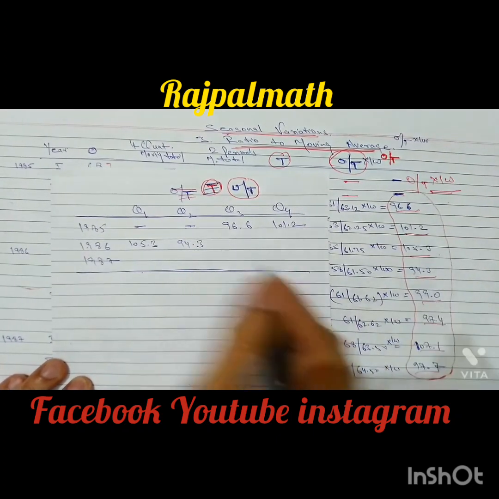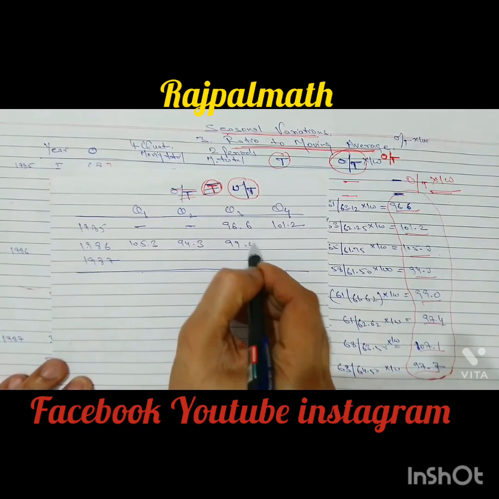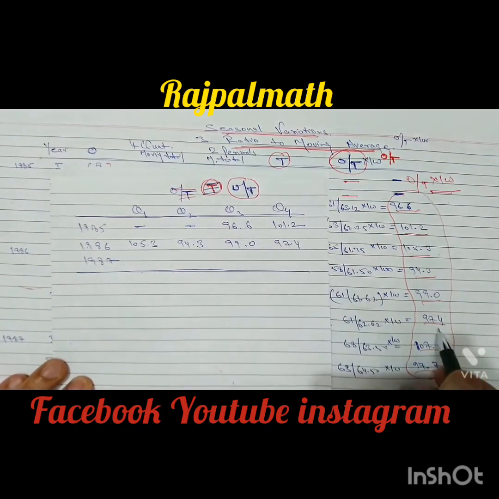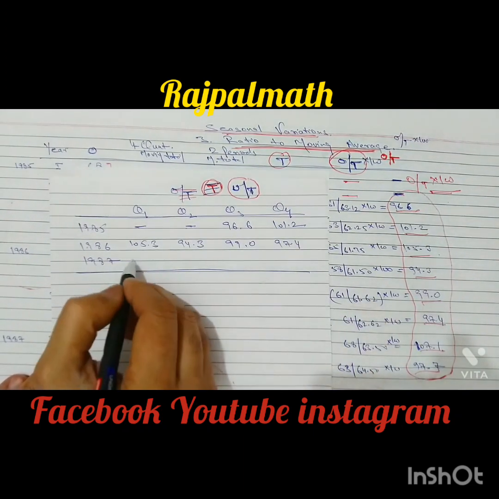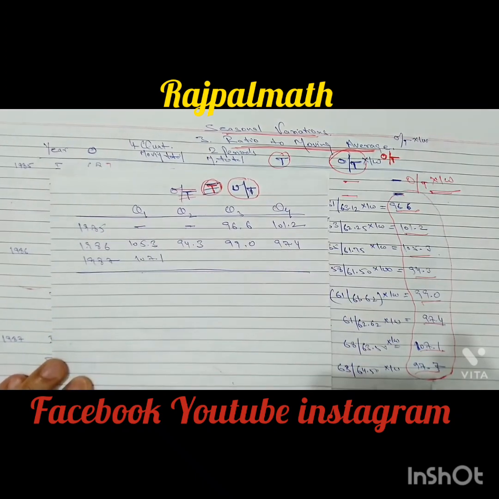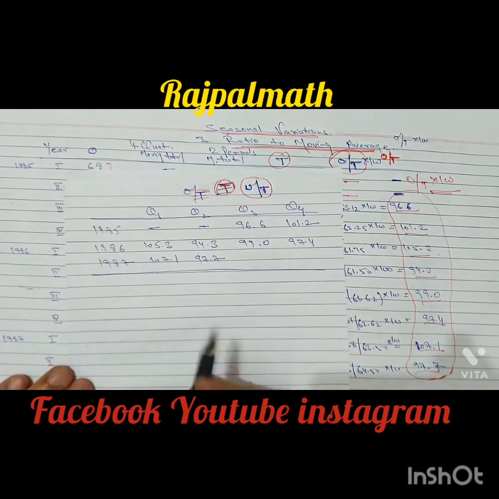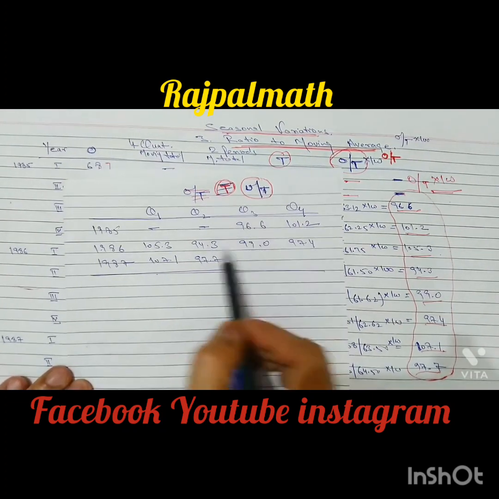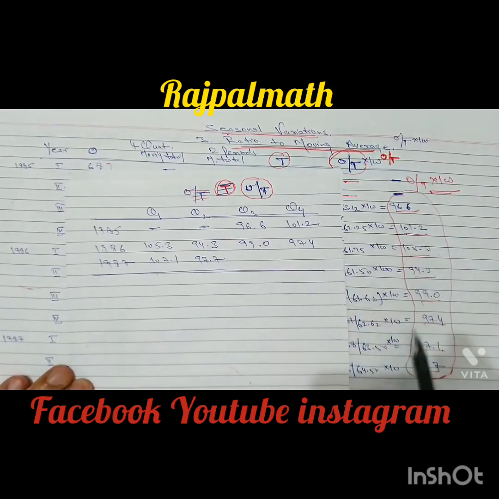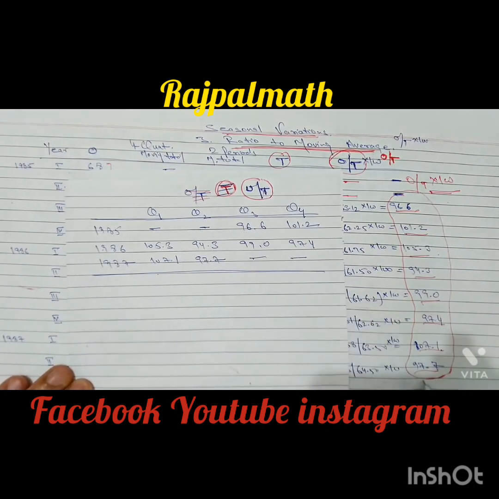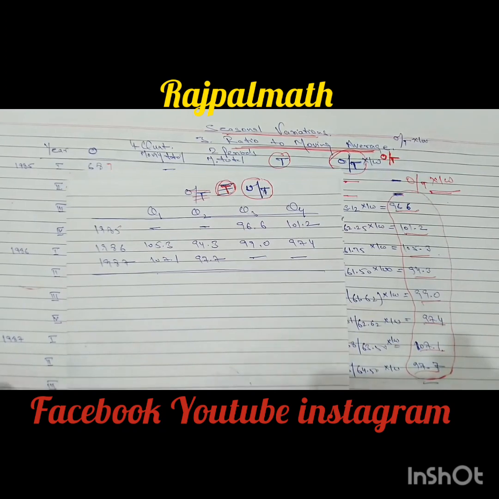Then 99. Then 97.4. Then 107.1. Then 97.7. So this is the O by T table from these values, this column's values row wise. Then for the last two, dash, dash, dash, dash.